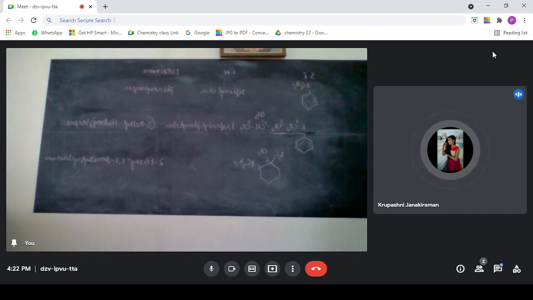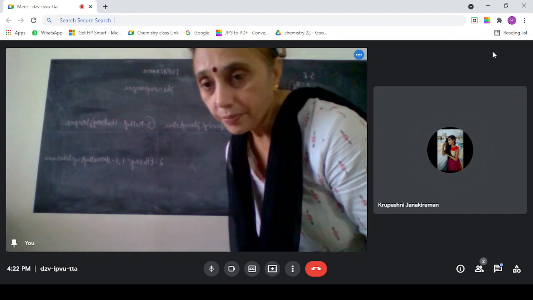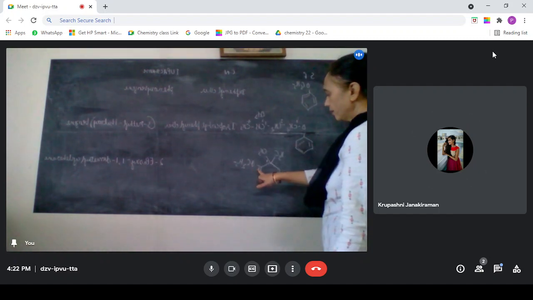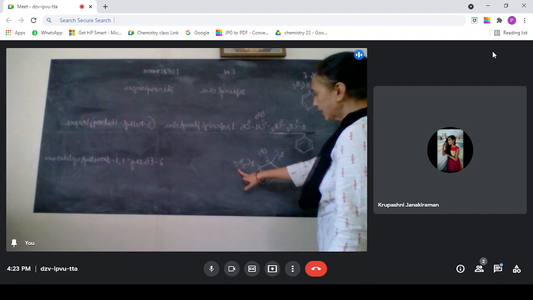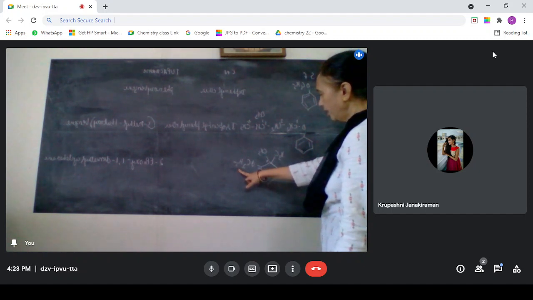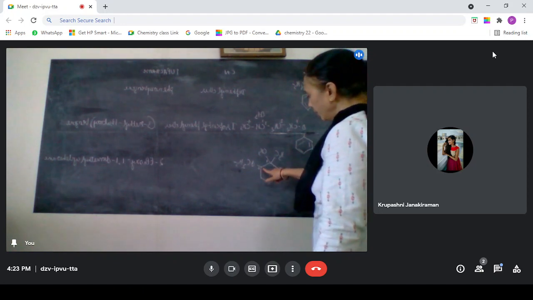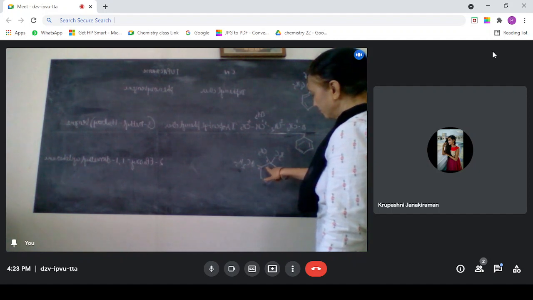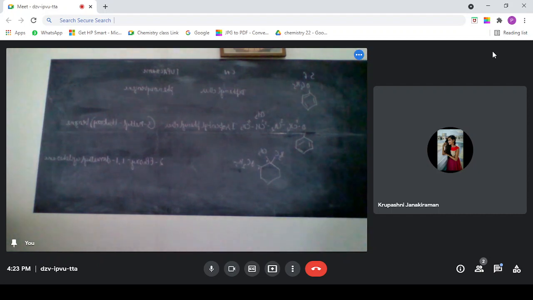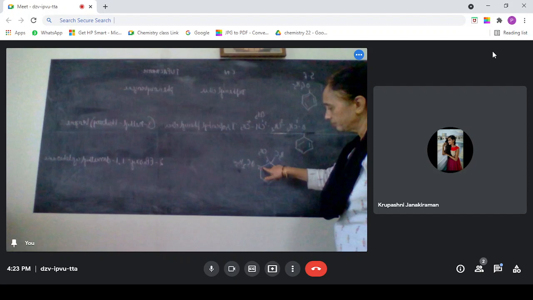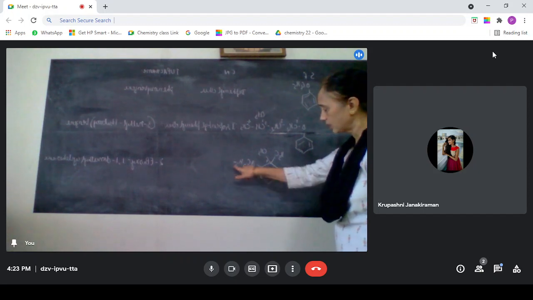Auntie, can you write the common name? Common name, it will be ethyl. But if you write the common name, then this will only come for 1. 2,2-dimethyl cyclohexyl ether. You can't give the number. This has to be numbered 1 because you are linking this ethoxy.